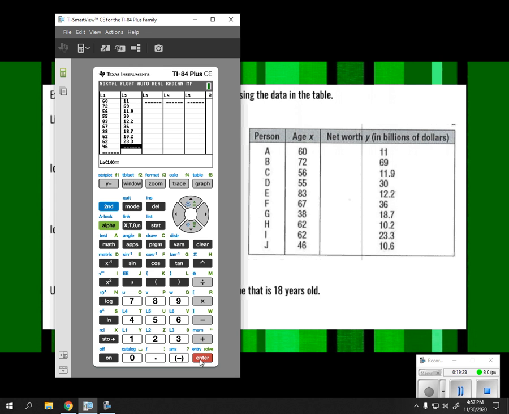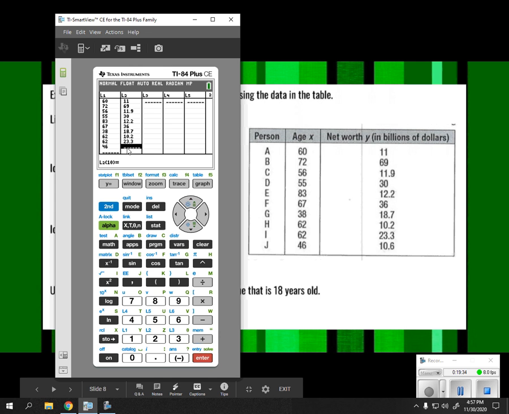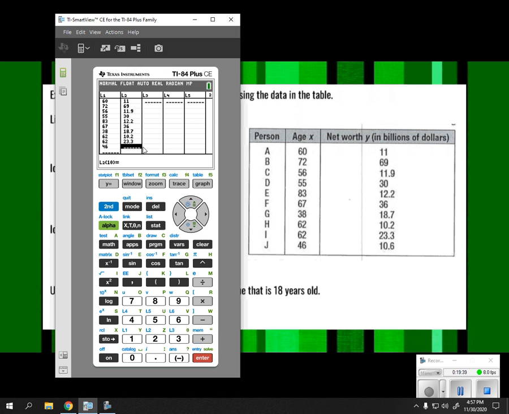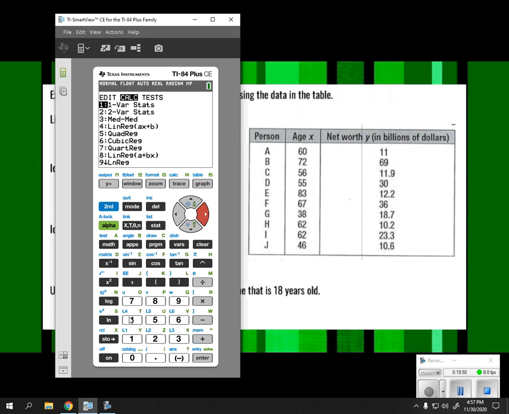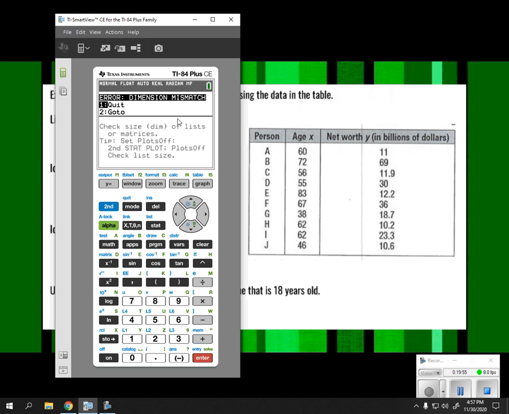All right, one thing that I am going to do is show you, my table is almost complete. I left this one blank. Let's say that I thought I already put it in and I just went ahead and went on to the next thing. Sometimes an error comes up and you're not sure why. So I wanted to show you that if you do stat, right, and go through the whole entire process, it is going to give you a problem. It says there's a dimension mismatch because I have 10 ages, but only 9 net worths.